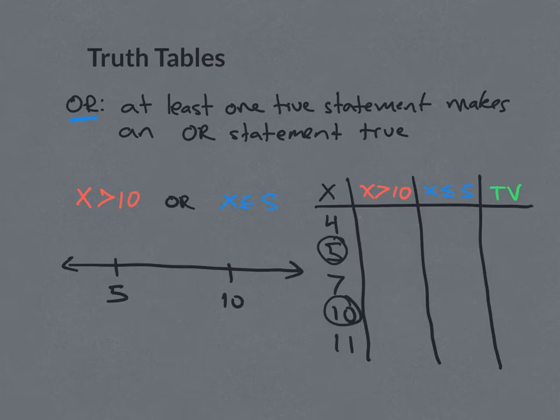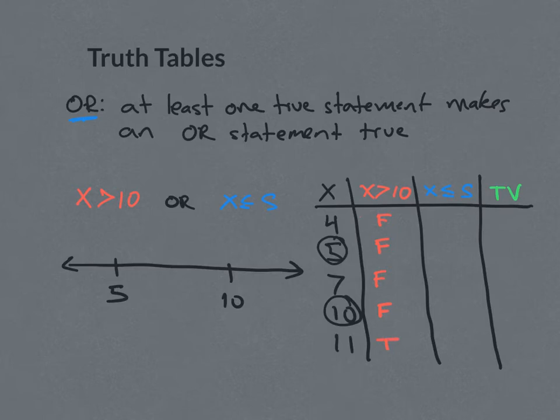So I'm going to put F for false. And we go down the line. 5 is not greater than 10, that's false. 7 is not greater than 10, that's false. Is 10 greater than 10? No, 10 is 10, so that's false. But 11 is greater than 10. So finally I get one that's true.